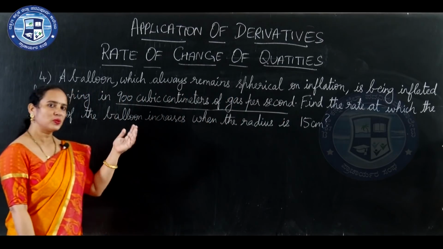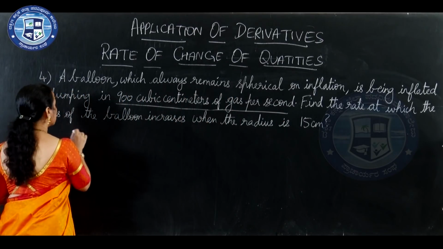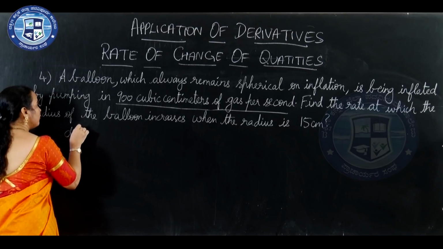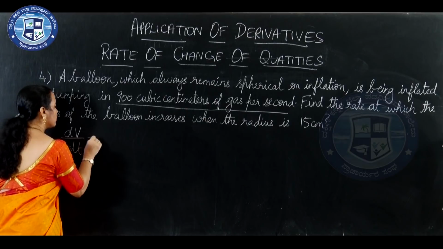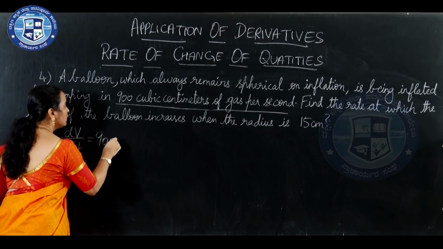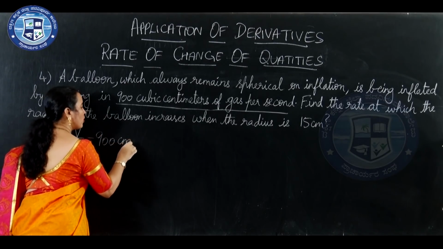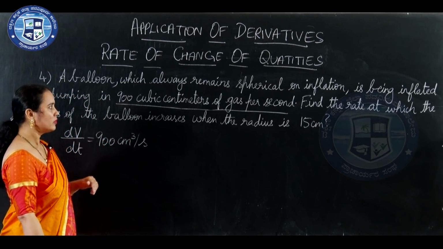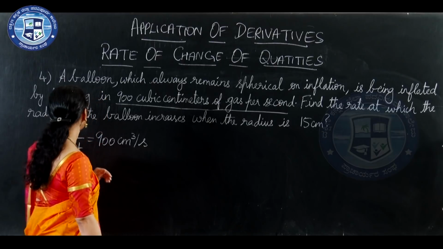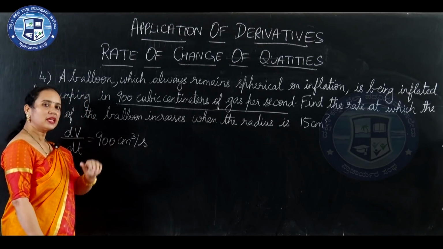By looking at the units, you can easily make out that this is dV by dt. Change in volume with respect to time is 900 centimeter cube per second. Find the rate at which radius of the balloon increases.